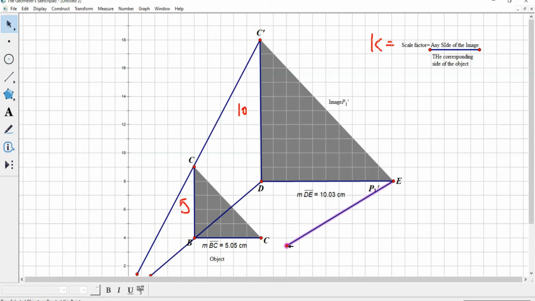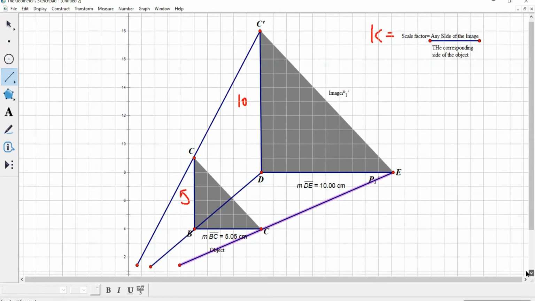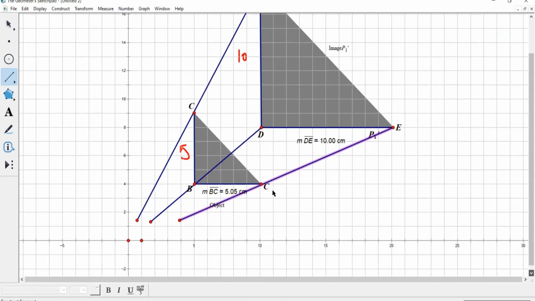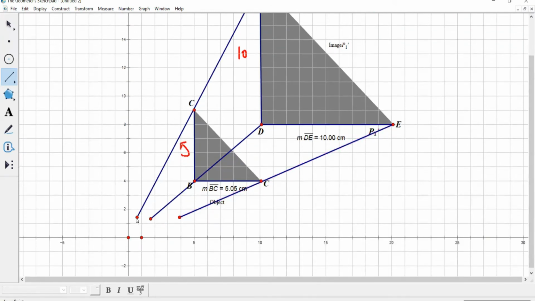Wait, that is having some technical glitches. But if we draw this line now passing through E and C, notice that all of the lines are going to link up somewhere. The point where all of these lines intersect is going to be the center of enlargement. So I'm going to extend all of them and show you where they're linking up. In this case, it's linking up at the origin.